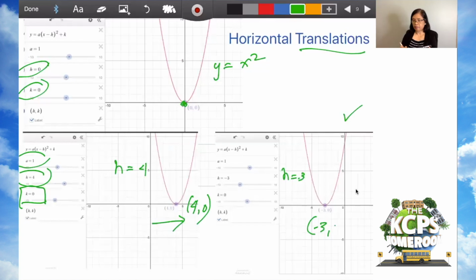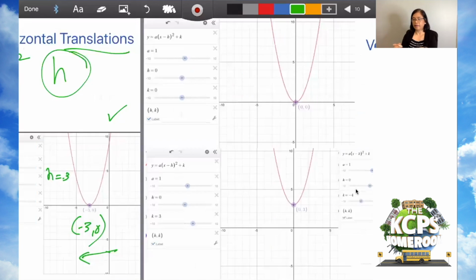It's -3 and 0. It's a movement to the left. It's a slide, a horizontal translation. This is affected by the value of h. It's the value of h that affects this movement. Slide h. Take note of that.